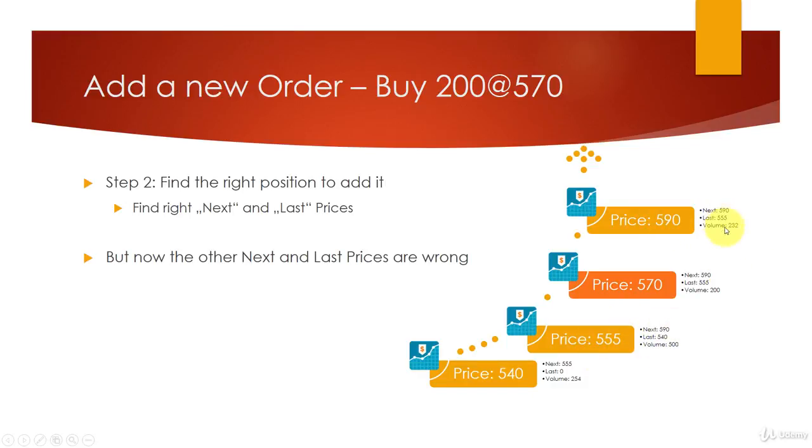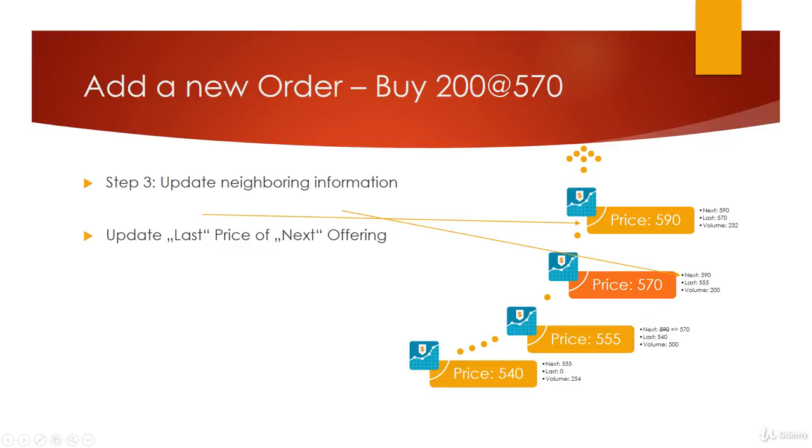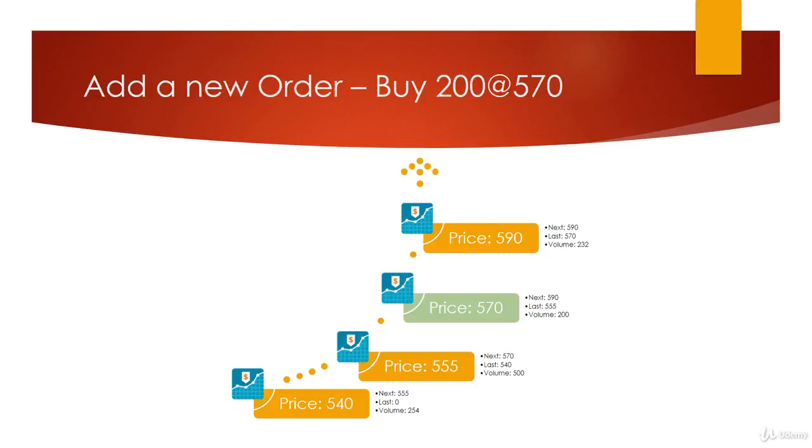So we have to update those two. First, we're updating the neighboring information. So instead of 590, we put in 570 as the next one from the previous one. And then we update the last one from the next one. And at the end, we have a new complete order book with the entries pointing to each other in the right way.